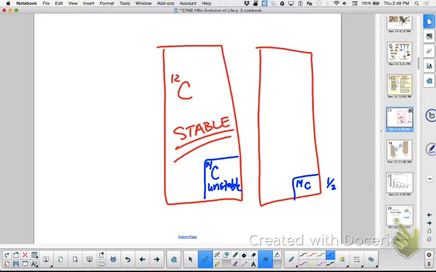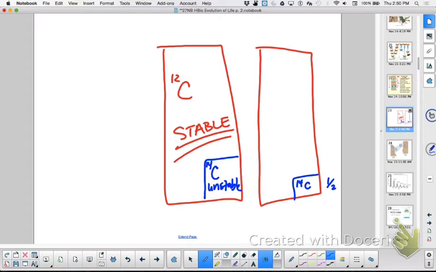So I know how fast it breaks down. When half of it breaks down, that's a half-life. The half-life for carbon 14 is 5,730 years, so that's how old this is.